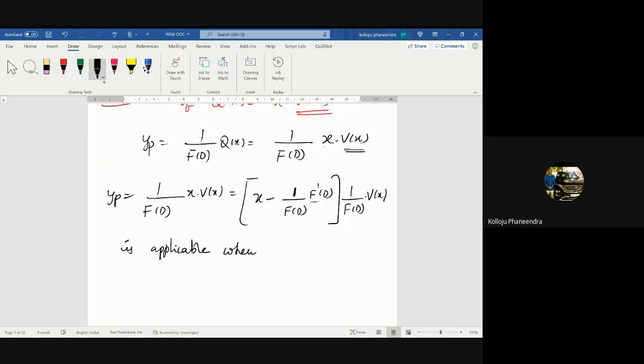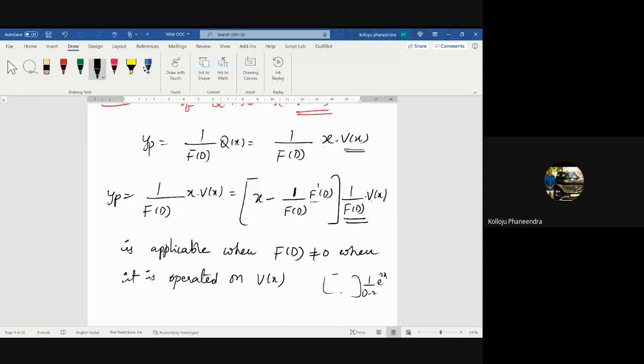when f of d is not equal to 0, when it is operated on v of x. That means this part. For example, this is 1 by d minus 2 into e power 2x. For example, what I told, e power 2x, this entire bracket into e power 2x.